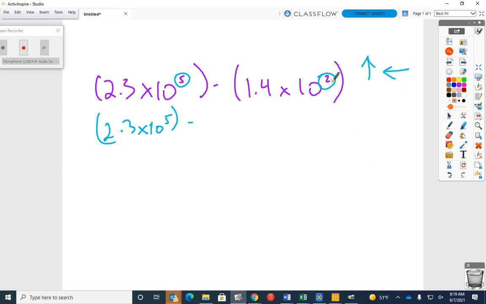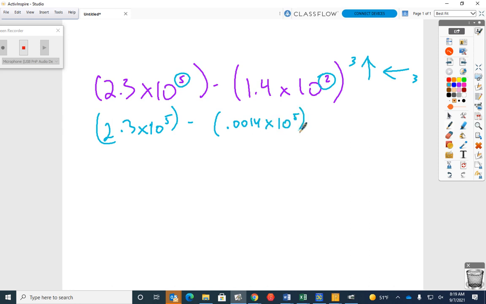To get to 5, I would have to go up 3. Therefore my decimal is going to move to the left 3. So if I move it 1, 2, 3, that's going to be 0.0014 times 10 to the 5th.